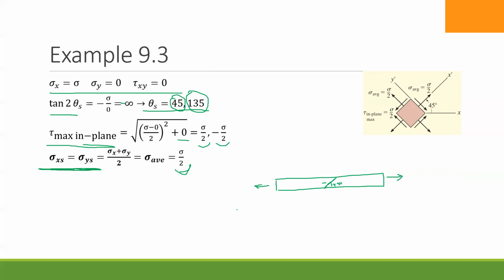Again, for example, if I have a beam and I put a point load, there is pure bending. You remember that in pure bending we have normal stress occurring. We have a crack like 45 degrees like this.